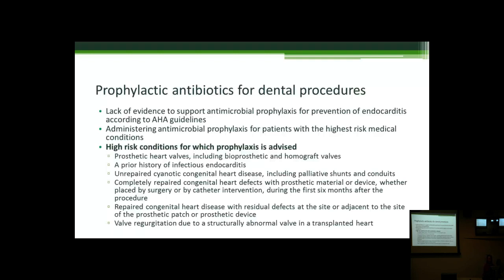These patients include those who have had prosthetic heart valves, who have a prior history of infectious endocarditis, unrepaired congenital heart disease, repaired congenital heart defects with prosthetic materials implanted, individuals who have had previous residual defects from heart disease and have other prosthetic devices implanted as well, or valve regurgitation.